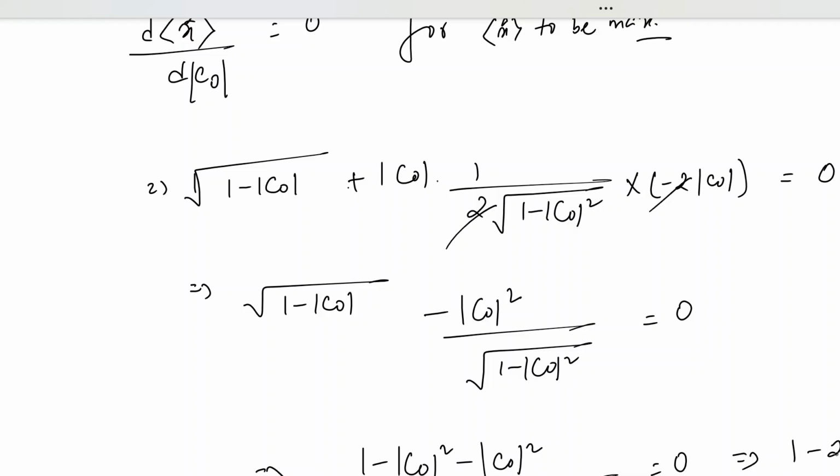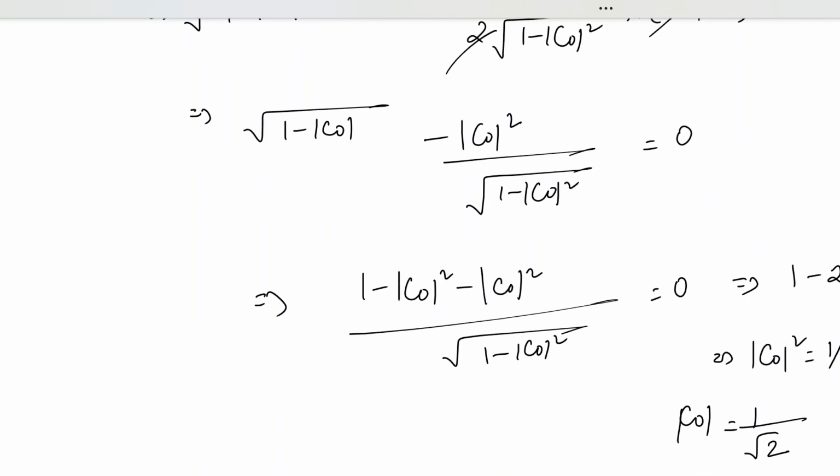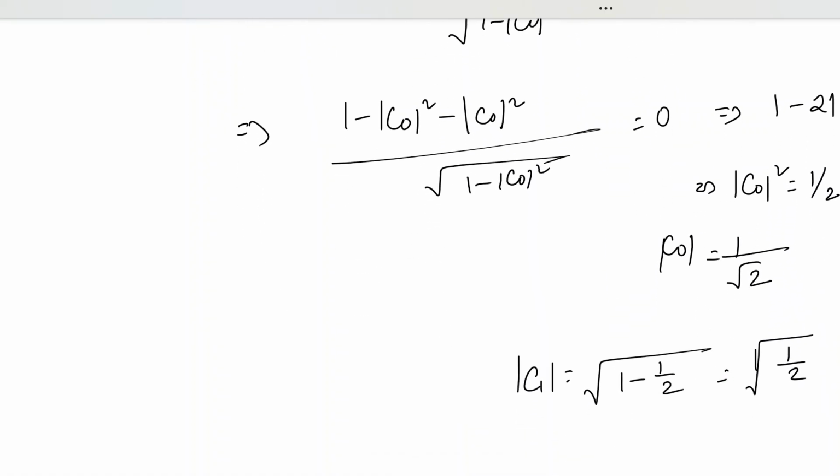So you get 1 minus 2|c0|² equal to 0, or |c0|² equal to half, or c0 equal to 1 by root over 2. So you get c0 equal to 1 by root over 2, and then c1 equals root over of 1 minus |c0|², which is again root over of half, which is 1 by root over 2. So for the x expectation value to be maximum, these two are the values to be satisfied.